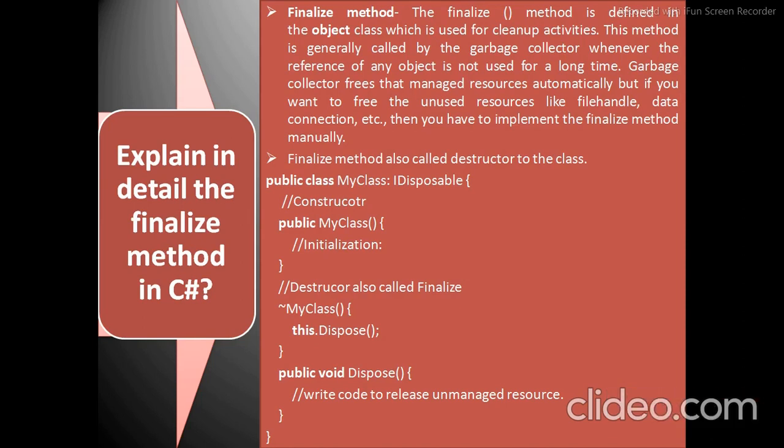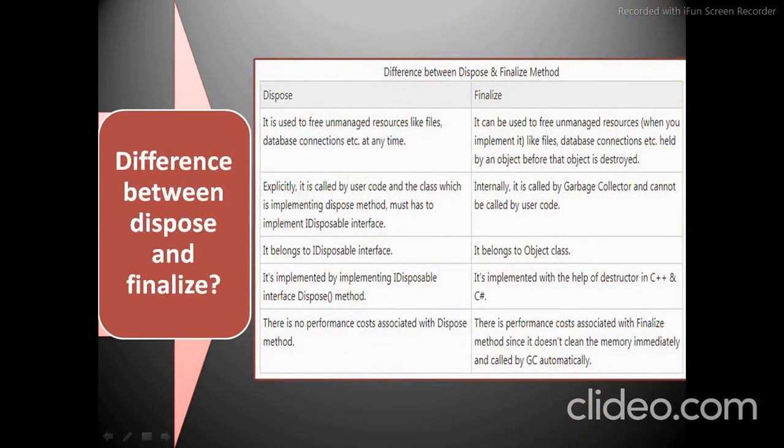The garbage collector frees managed resources automatically, but if you want to free unused resources like file handles, data connections, etc., then you have to implement the Finalize method manually. So here is the example for this. This is the Finalize method, also called the destructor of the class. So here is my class with a tilde before the class name. This is the destructor. Also, this is called Finalize.